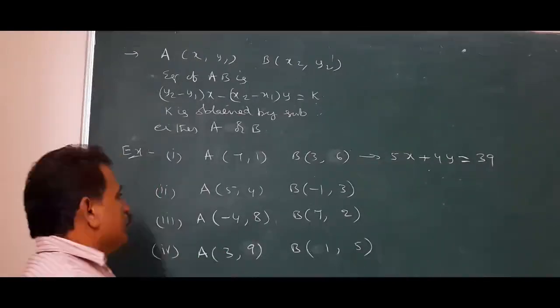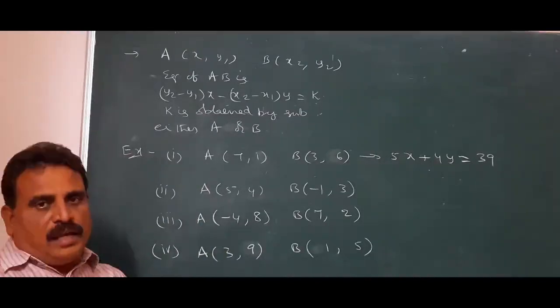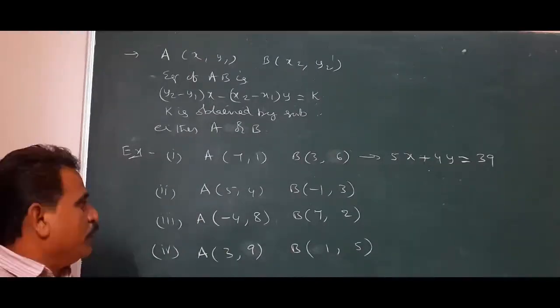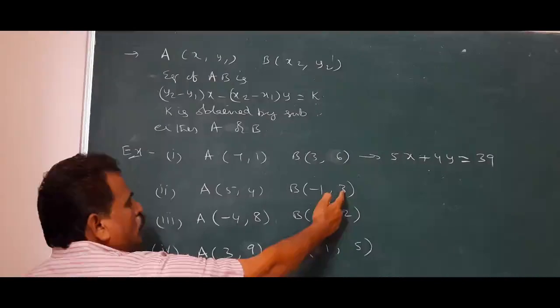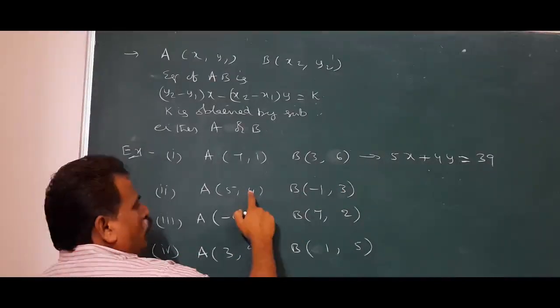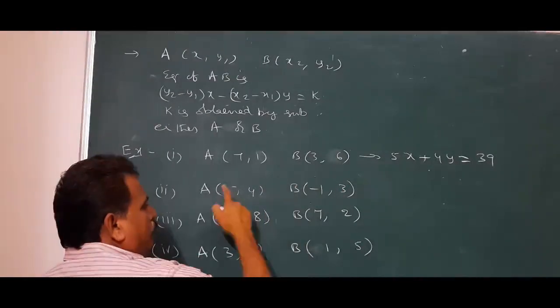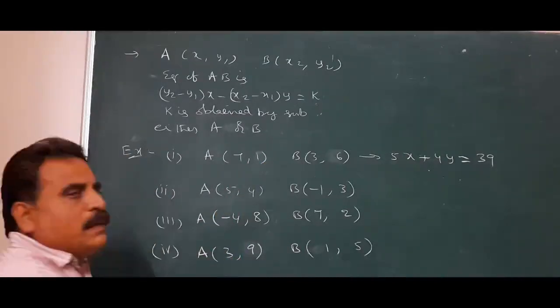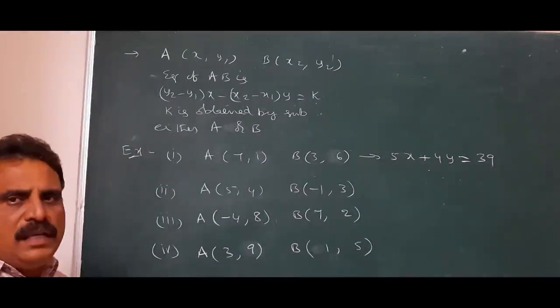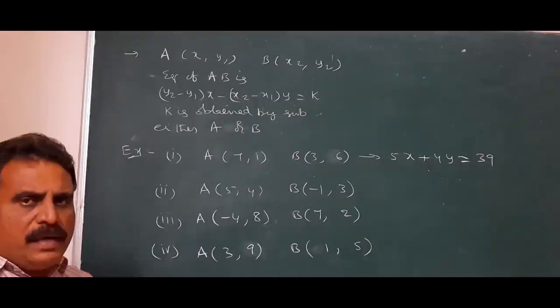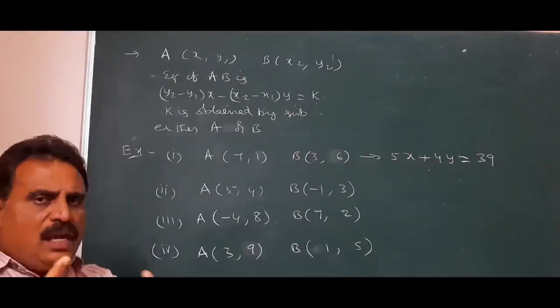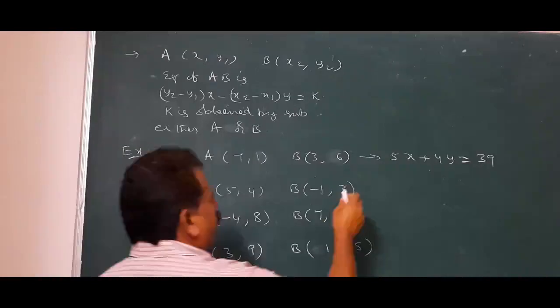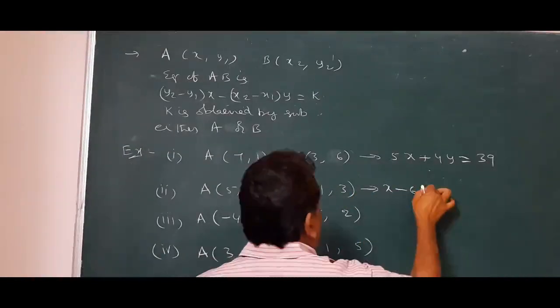Now here, the second problem. The same formula you have to apply. Slope: 3 minus 4 is -1, by -1 minus 5 is -6, so -1 by -6 means 1 by 6. 1 by 6 is the slope, a by b, for ax minus by. So x minus 6y.